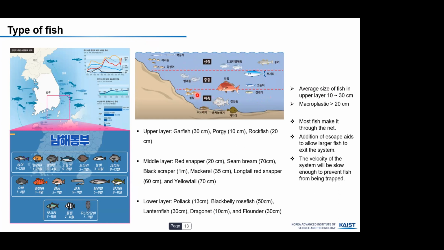As you can see here, the average size of the fish in the upper layer is between 10 and 30 centimeters. The macroplastic is above 20 centimeters. So we say that most fish make it through the net, but we thought about adding an escape edge to allow larger fish to exit the system. And actually, since the velocity of the system will be slow, that could prevent the fish from being trapped.